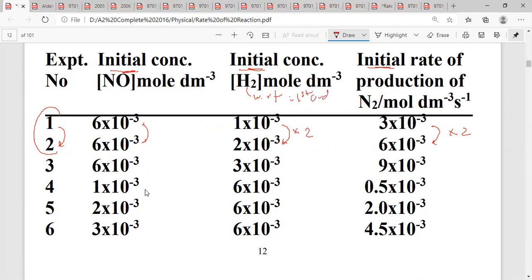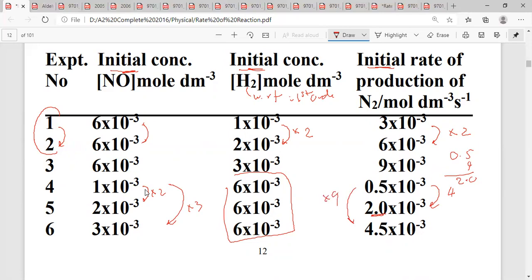Now I keep this one constant, so all this are constant. I've got 3 experiments here, 2 experiments to do. So I increase this by 2 times, and the rate increases by 4 times. 0.5 times 4 equals 2.0, isn't it? If I increase from here to here by 3 times, the rate increases by 9 times. 0.5 times 9 is 4.5.